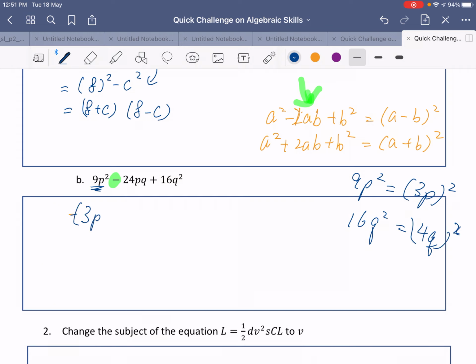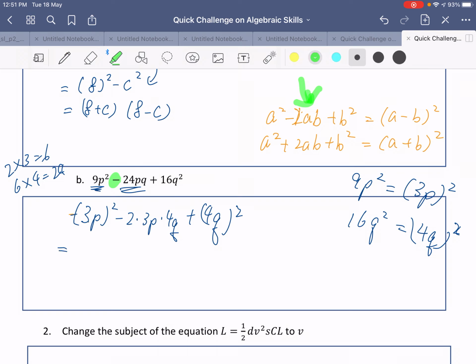Now to double check, we can have minus 2 times 3p times 4q. Doing some math on the side, 2 times 3 equals 6, 6 times 4 equals 24, which matches here. So I can rewrite it as a squared, and we know this is our a and this is our b.